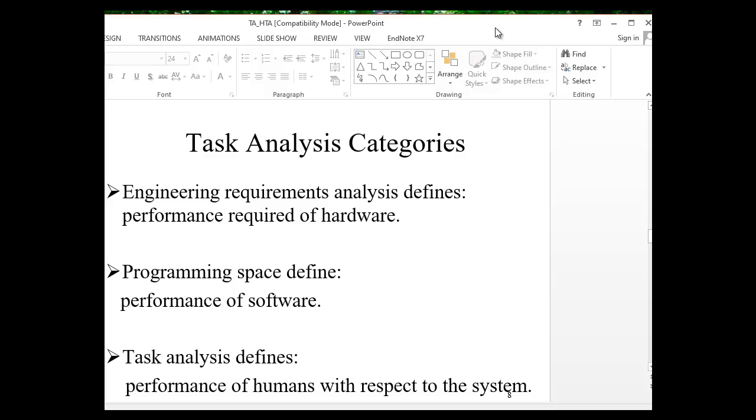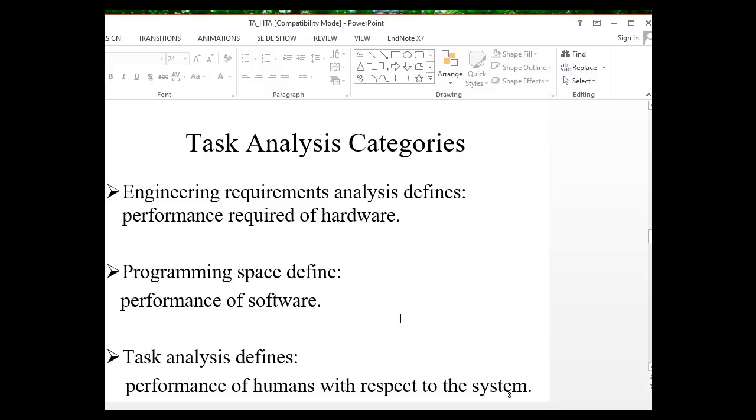The second one is related to the soft part of a system, the parts that we cannot touch, while hardware parts are physical parts that we can touch. So the programming aspect defines the performance of software and paperwork related to the software.